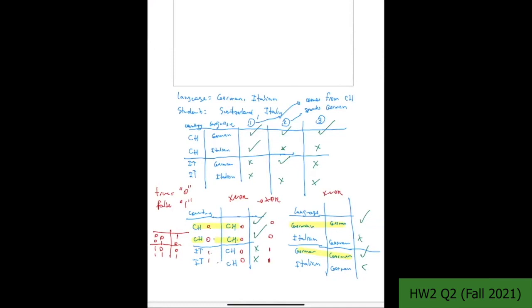Let's say that German is equal to 0, Italian is equal to 1, so this is going to be 0, 0, 1, 0, 1. This is going to be 0, 0, 0, 0. And then this is going to give you 0. This is going to give you 1 if you do an XOR operation, instead of XNOR.